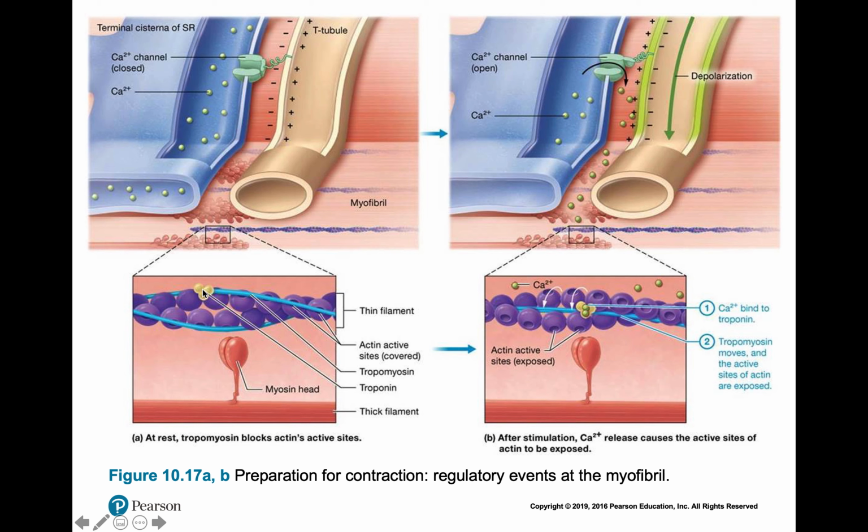And if you remember from those previous videos, troponin has three subunits, and they each bind something different. There is a tropomyosin binding subunit, which binds tropomyosin. There's another subunit that will bind calcium, and then a third subunit that will bind actin.